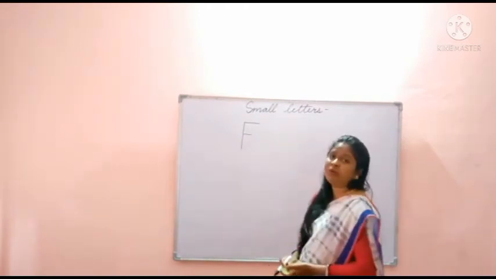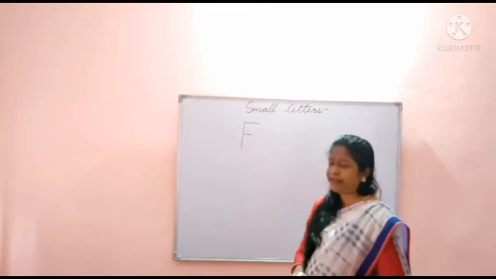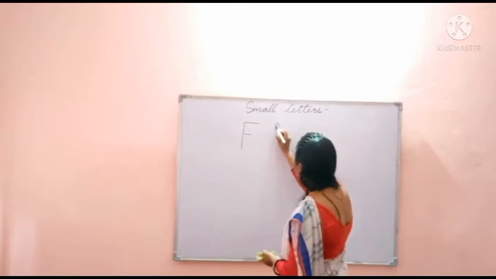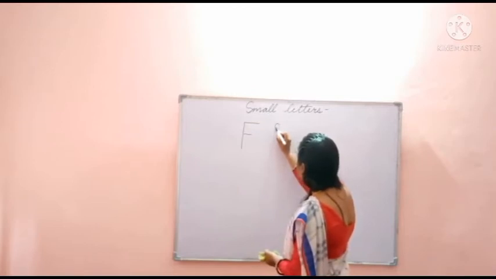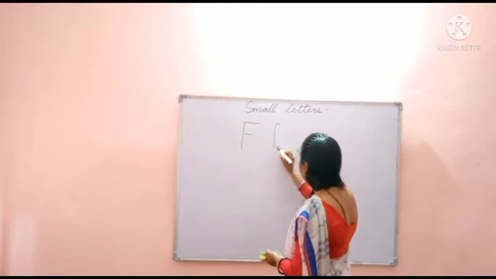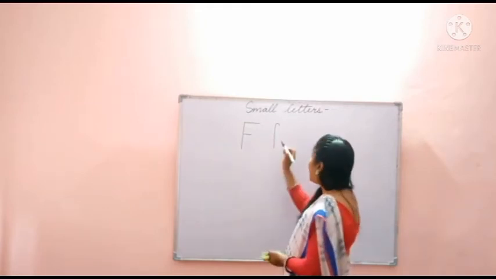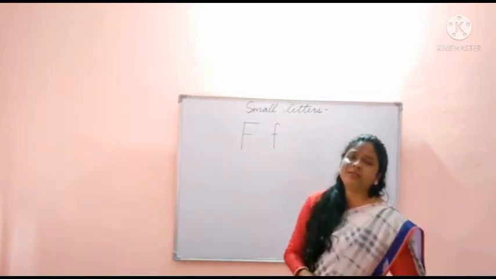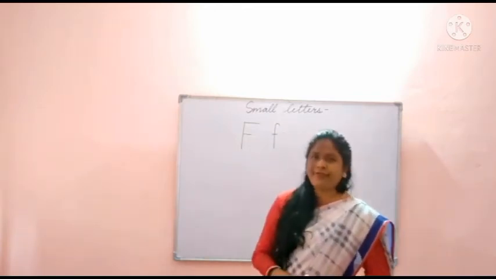Okay. Now, how to write small letter F? You make a small curve or a tail curve, and with the curve you have to join a standing line, and a small sleeping line in between makes small letter F.